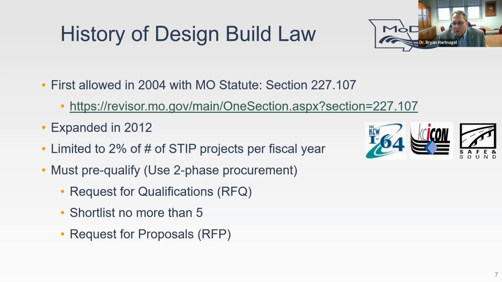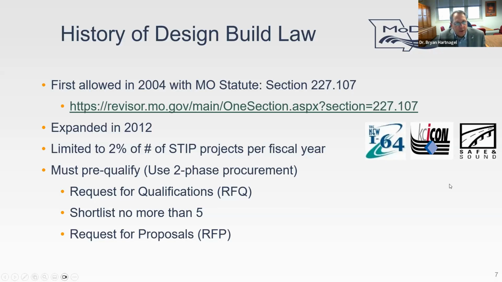But the design build portion after our first procurement try, the design build that failed because it was design, build, finance, and maintain, and it just became too expensive for that. So the design build portion was 554 bridges in the Safe and Sound Bridge Bundle that was throughout the state.